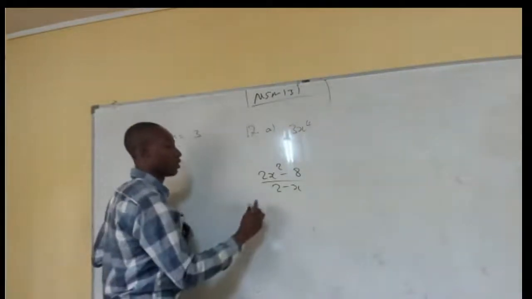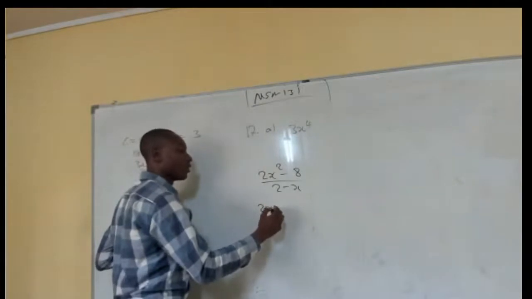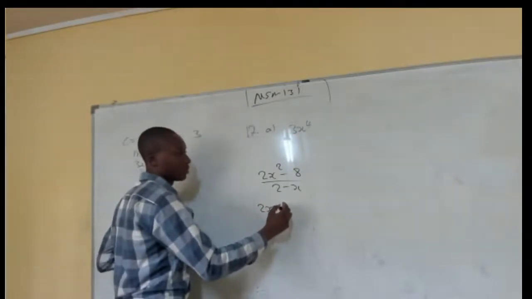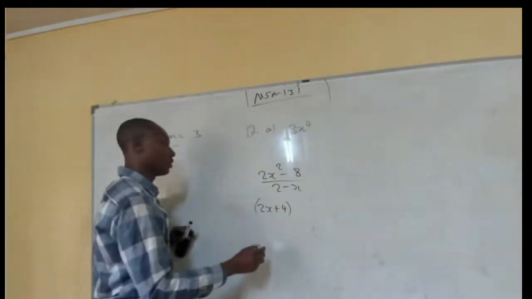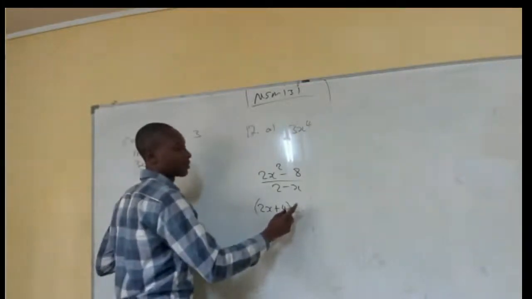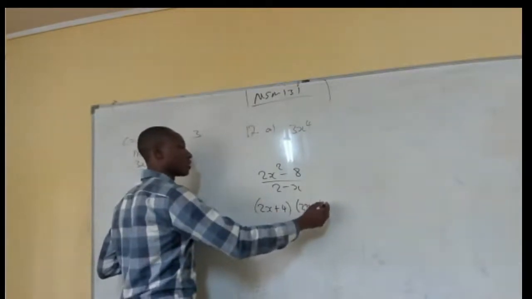Let me write it for you here. If I wrote this as 2x plus 4, then we have 2x minus 4.